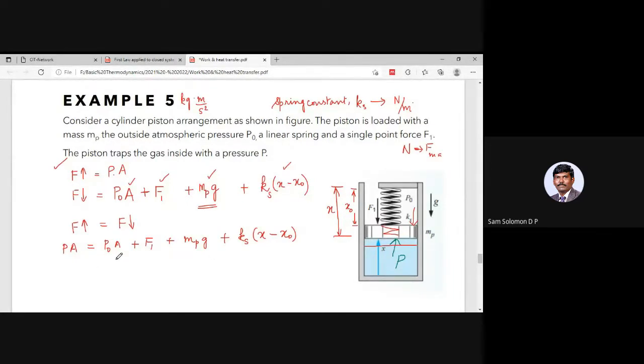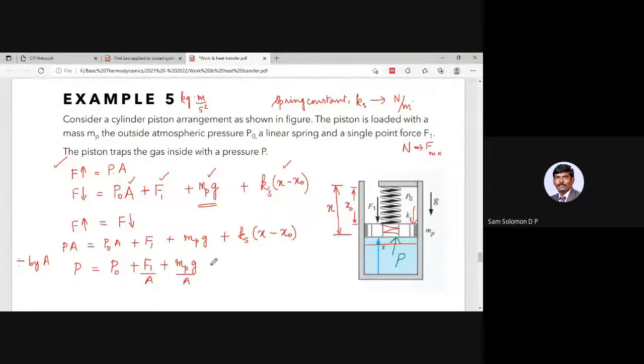If I simply divide by A everywhere, I would get P naught plus F1 by A plus MPG by A plus Ks times X minus X naught by A.